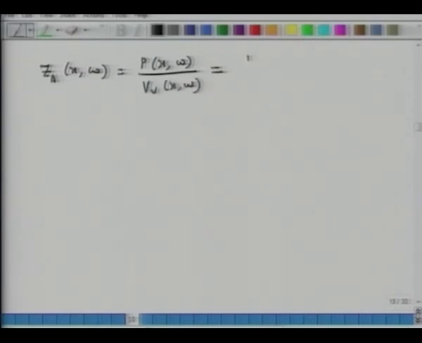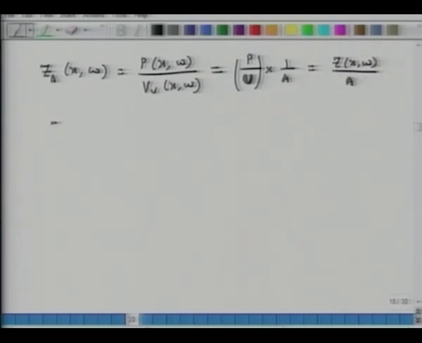So this is the same as P over U, both functions of x and omega, times 1 over A, where A is the cross sectional area of the tube, and this is basically Z(x, omega) divided by area.